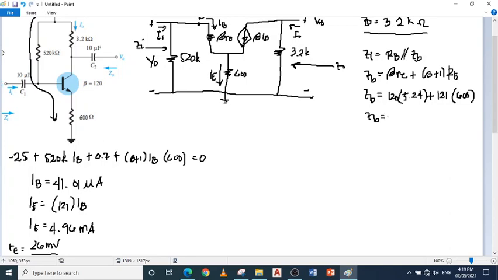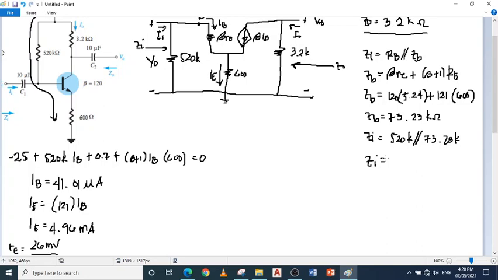So, we have 73.23 kilo ohms. And solving for ZI, RB is 520 K in parallel with 73.23 K. So this should be approximately equal to ZB. Okay? But solve na lang din natin yan.